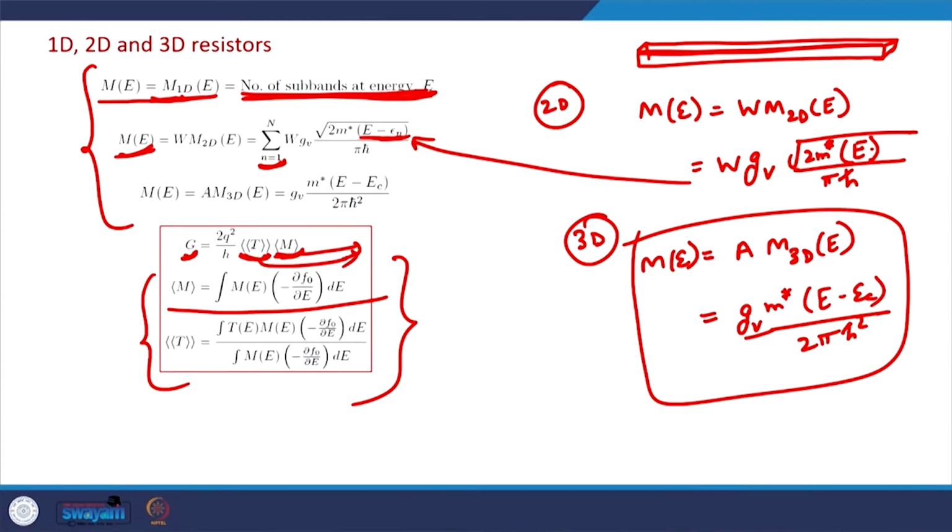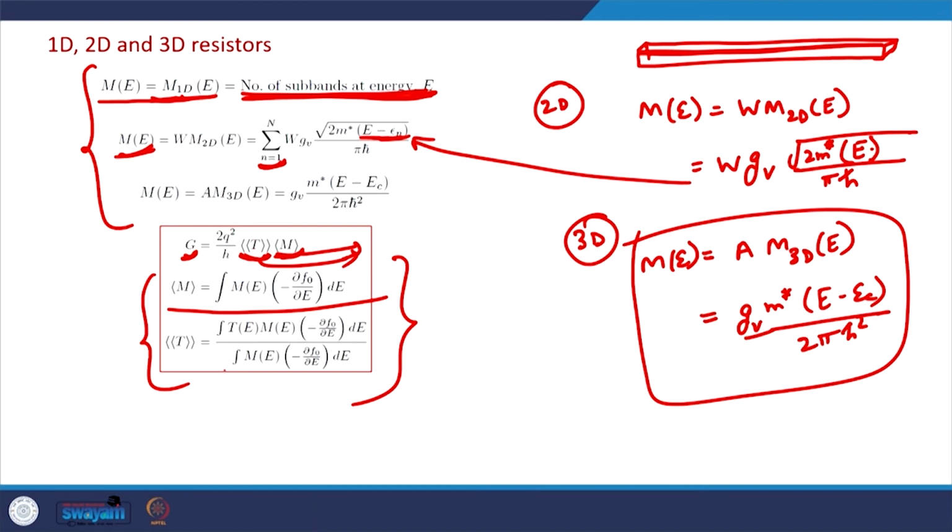Finally, in practice, when we have a new material and we want to make a device out of it, we first need to calculate its density of states, then the number of modes. In addition, we also need to calculate its transmission coefficient if it is a bulk device, or if scattering is happening, we need to calculate the mean free path or transmission coefficient.